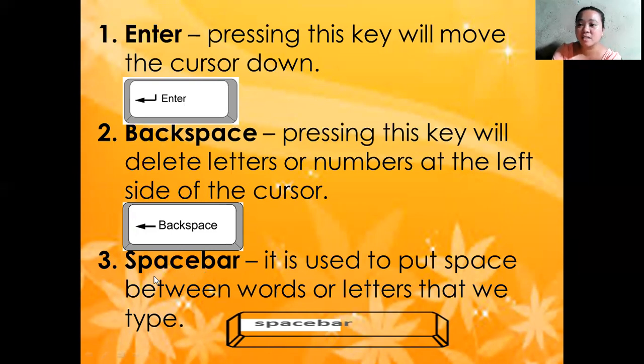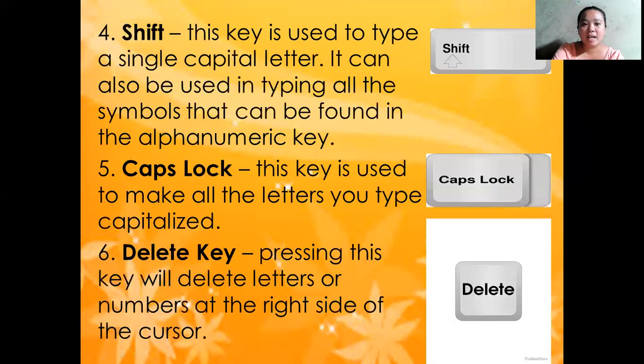Next, the space bar. The space bar is used to put a space between the words or letters that we type. And then number 4, shift. This key is used to type a single capital letter. It can also be used in typing all the symbols that can be found in the alphanumeric keys.